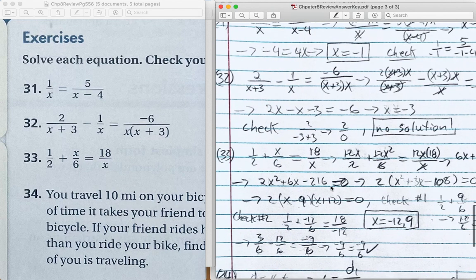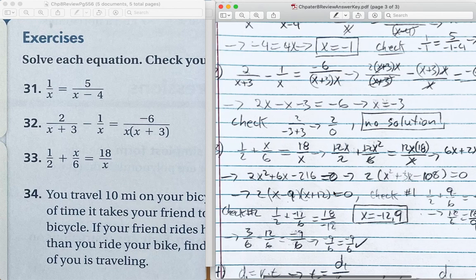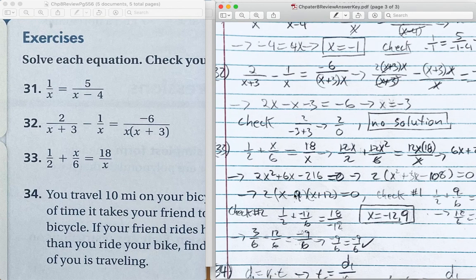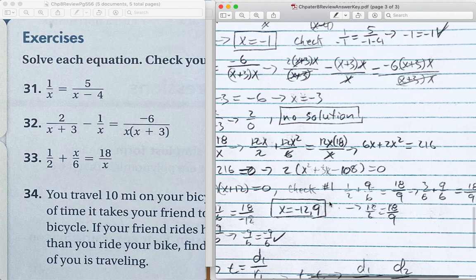I subtract the 216. I factor out a 2, and I get x squared plus 3x minus 108 equals 0. I can factor that into x minus 9 times x plus 12 equals 0. So I have two answers, either 9 or negative 12, and I check them both.